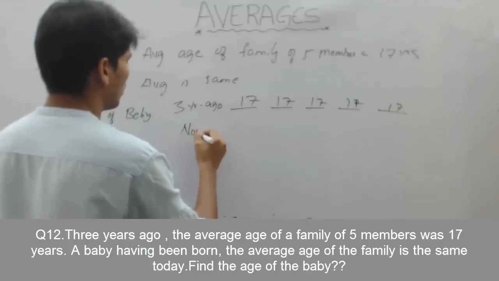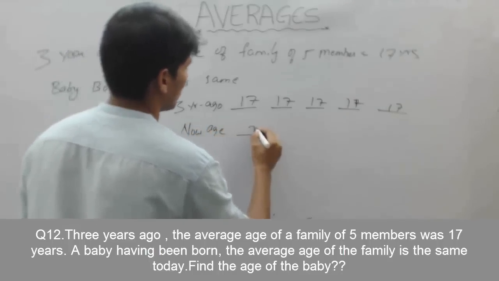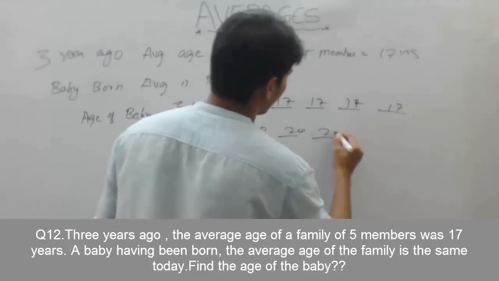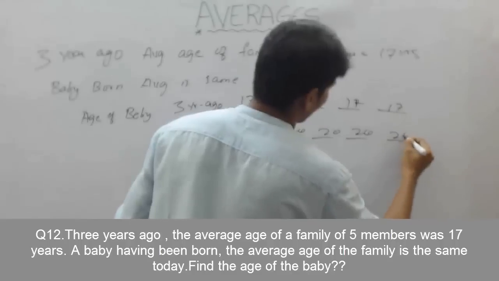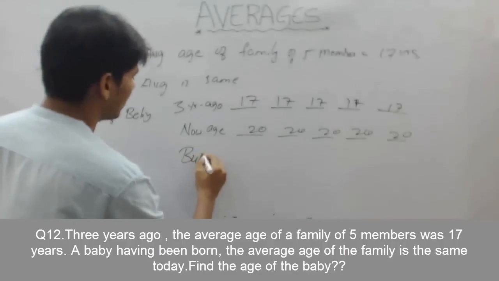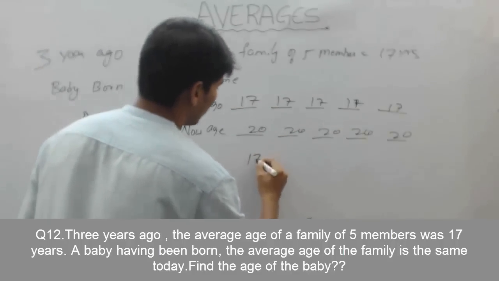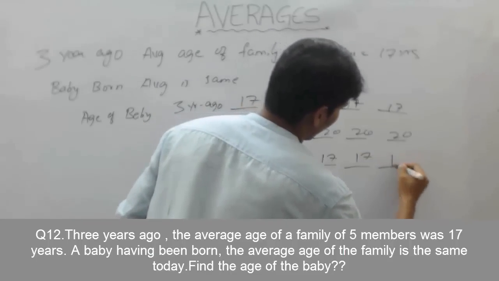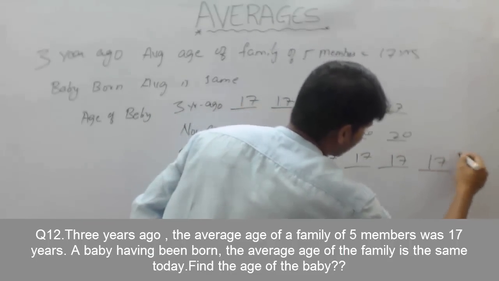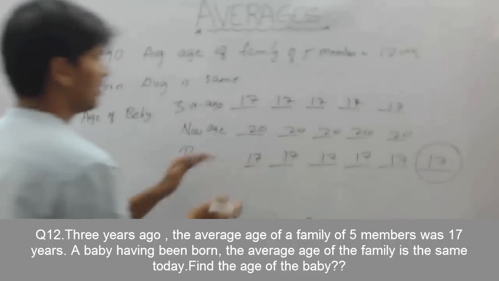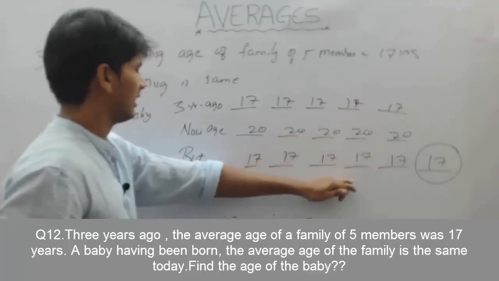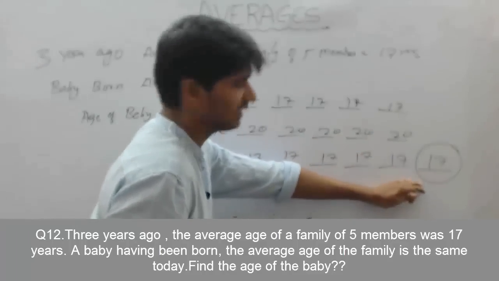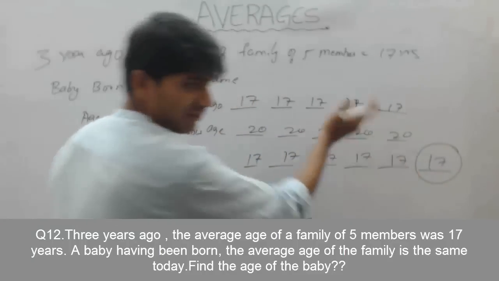Now what would be the age? 20, 20, 20, 20. But what is the age? We have 17, 17, 17 and 17. But there is an extra person. So here only 5 members, but we have taken it for 6 members. So how much extra have we taken?